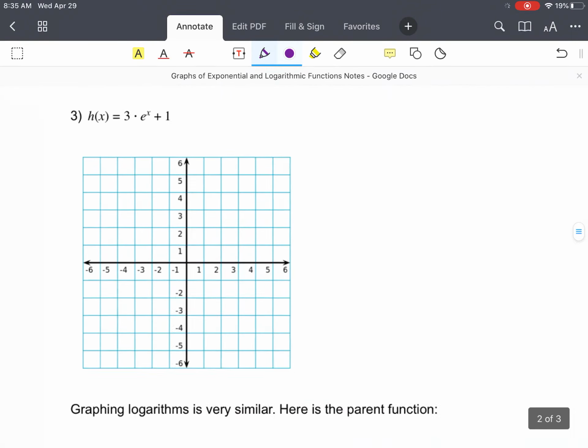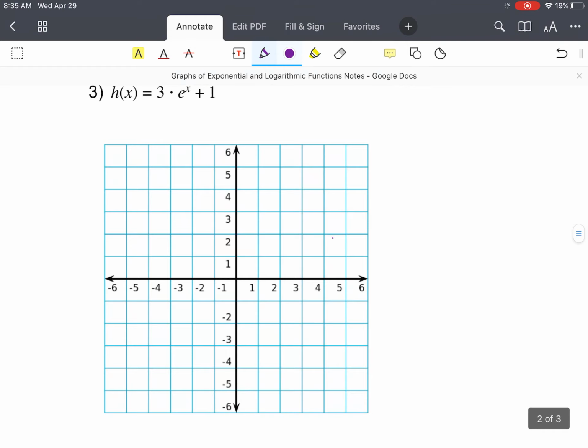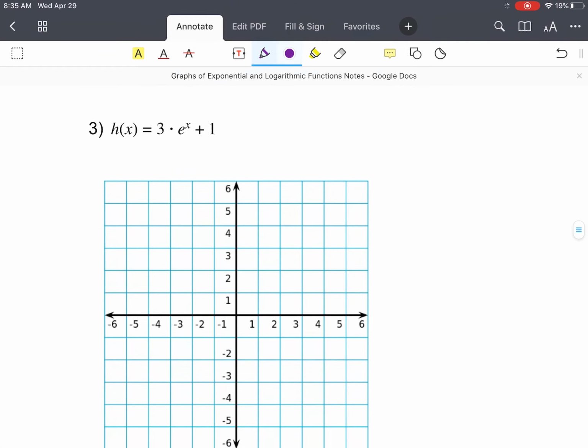Exponential decay. All right. So one more of these. H of x equals 3 times e to the x plus 1. Well, that e to the x, remember the estimation for e is like 2.71-ish.